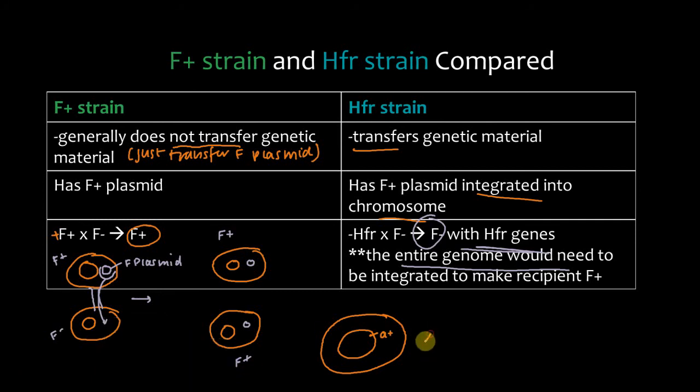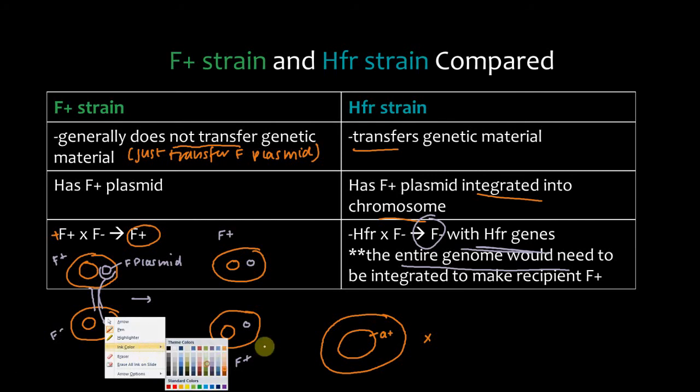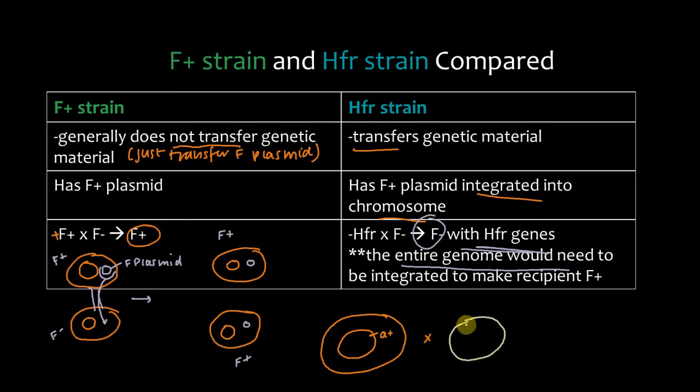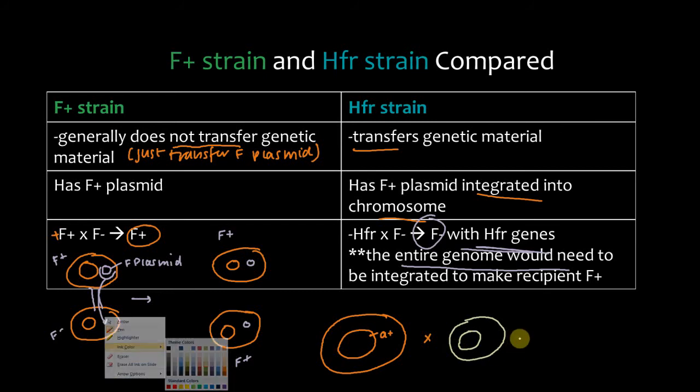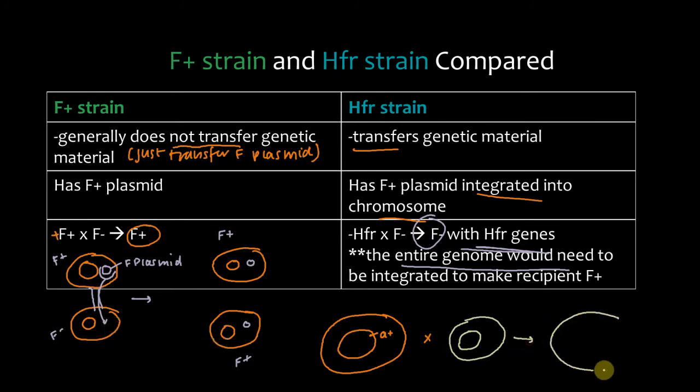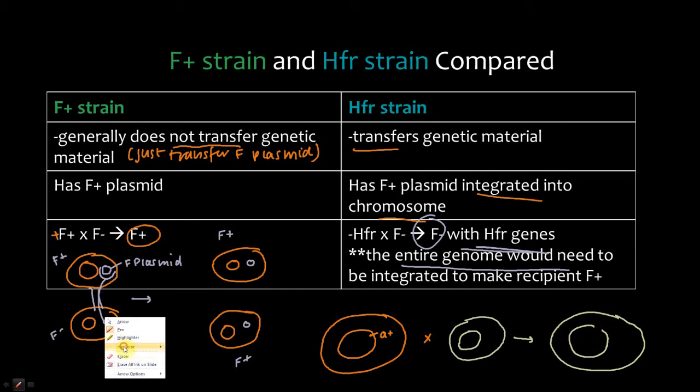Let's do this in a different color. Let's cross with this nice green bacteria. Then we'll get a transfer of genetic material, and that'll result in something that looks like this, the integration of some of the genetic material from this orange one, such as the A plus gene, into the green bacteria, but there's no change in the F plasmid, okay?